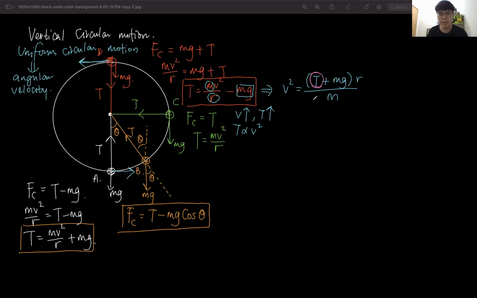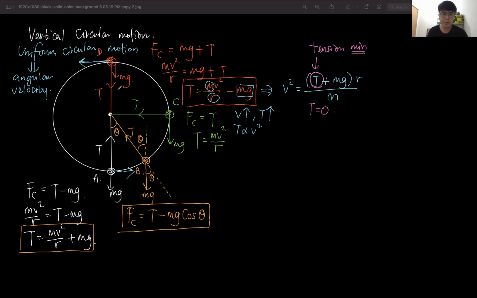If I want to find the minimum velocity to sustain this vertical circle, then my tension has to be minimum as well. What is the minimum value of tension? 0, right? So T equals 0 at the top.